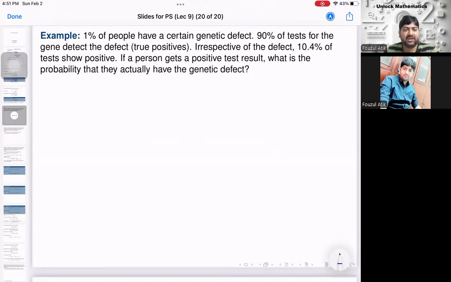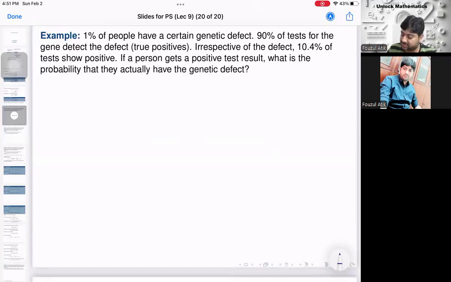Now, if a person gets a positive test result, what is the probability that they actually have the genetic defect? Somebody already got a positive result in that test. Why are these questions arising? That is, what is the probability that they actually have the genetic defect?